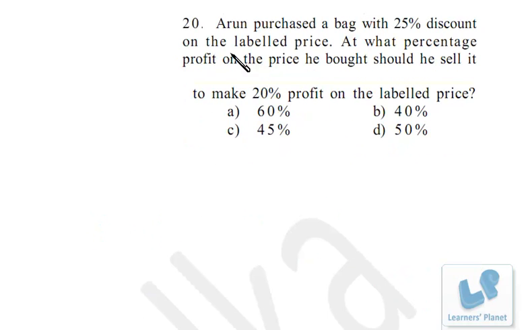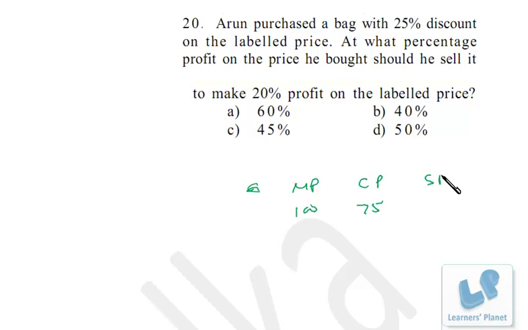Now let's say this problem. Arun purchased a bag with 25% discount on the labeled price. At what percent profit on the price he bought should he sell to make 20% profit on the labeled price? Again, simple. Suppose mark price is 100. Then his cost price is what? 75. Now he wished to sell to make 20% profit on the labeled price.